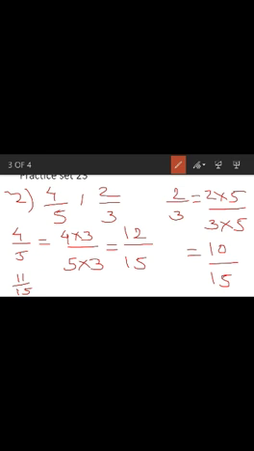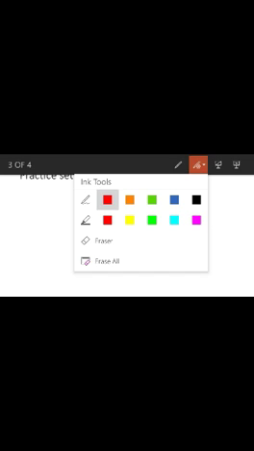Now see, second question we have started, that is 4 upon 5 and 2 upon 3. Then 2 numbers we got, that is 12 upon 15 and 10 upon 15.